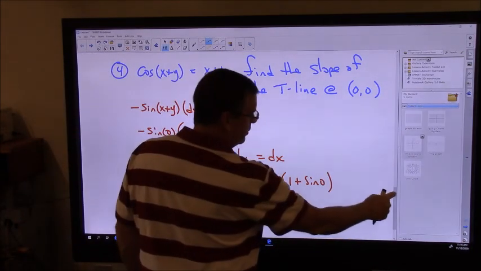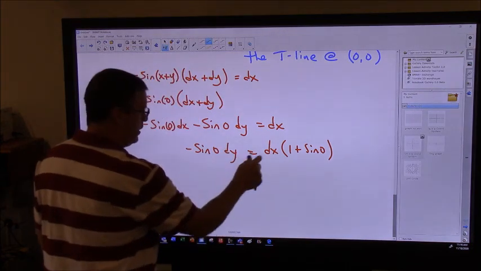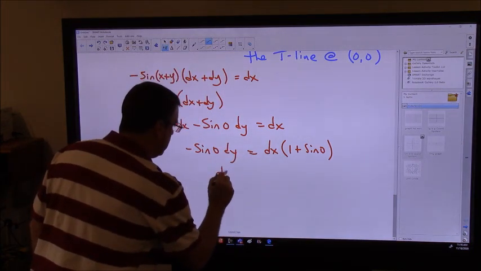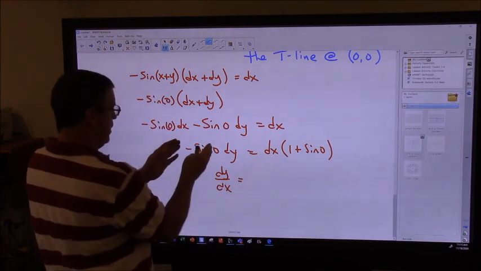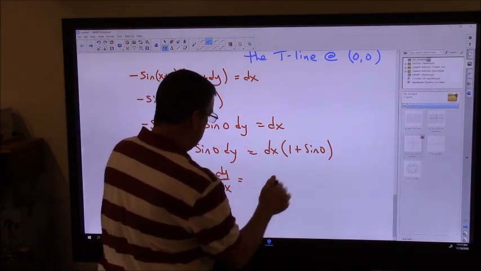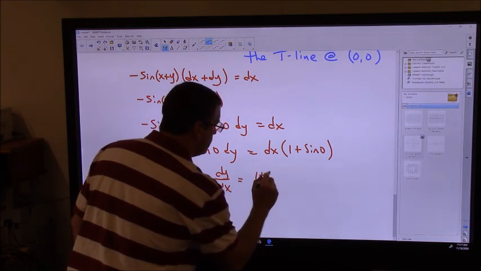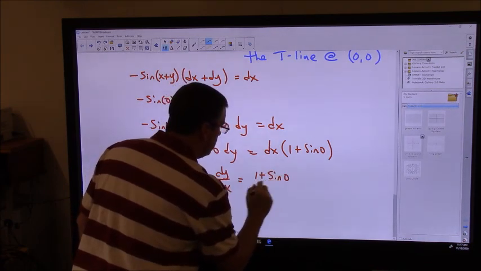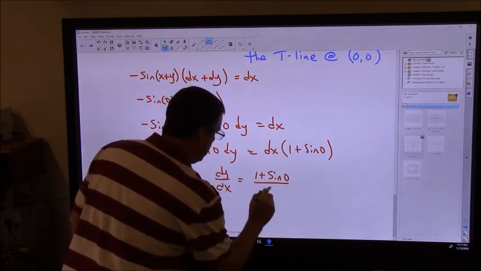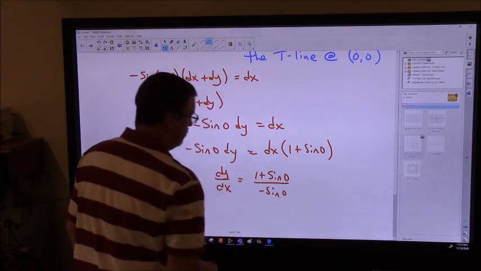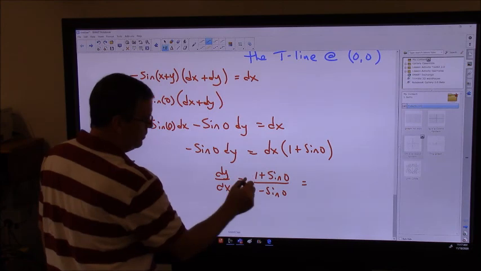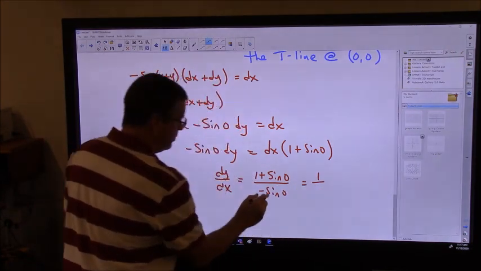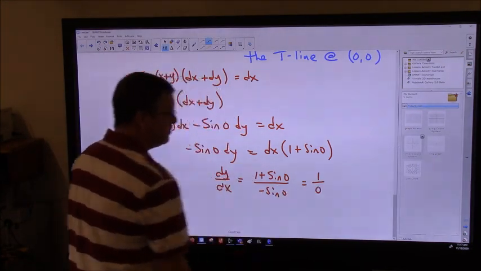And now I want dy over dx, so I'll bring this piece over and divide, which means I need to take this piece over here and divide. So I get 1 plus sine 0 over a negative sine of 0, which equals 1 plus 0 over 0.